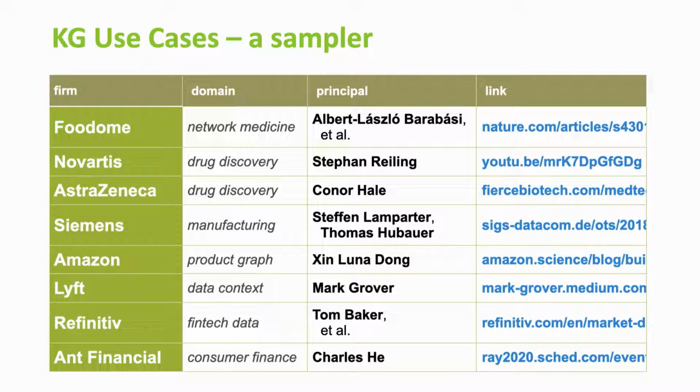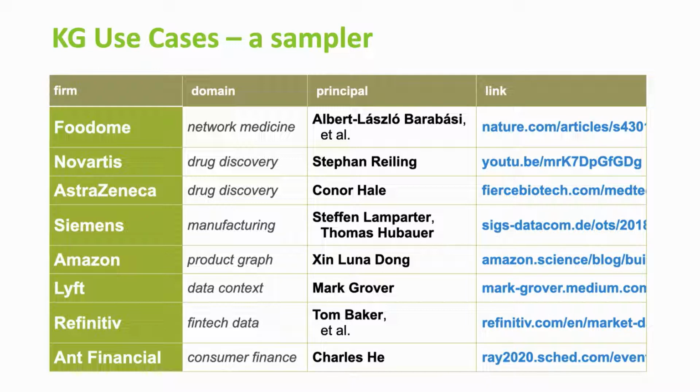I'm pointing here especially to Stephen Reiling's talks out of Novartis, using graphs for drug discovery, Connor Hale at AstraZeneca. In manufacturing, I mentioned my colleague Jürgen Müller at BASF, also Stefan Lamparter and Thomas Hubauer at Siemens. Definitely in the tech firms, you do see things like Amazon's product graph, and definitely Luna Dong is doing some amazing work there.